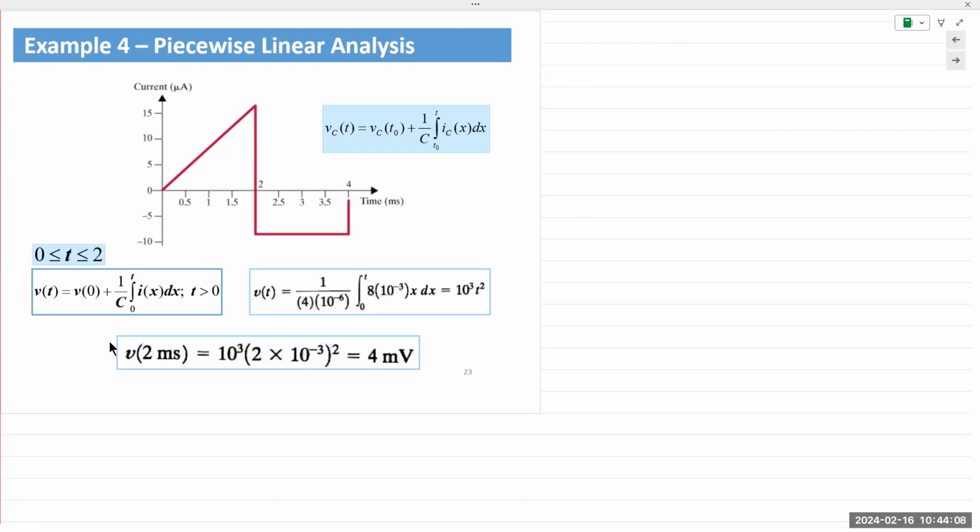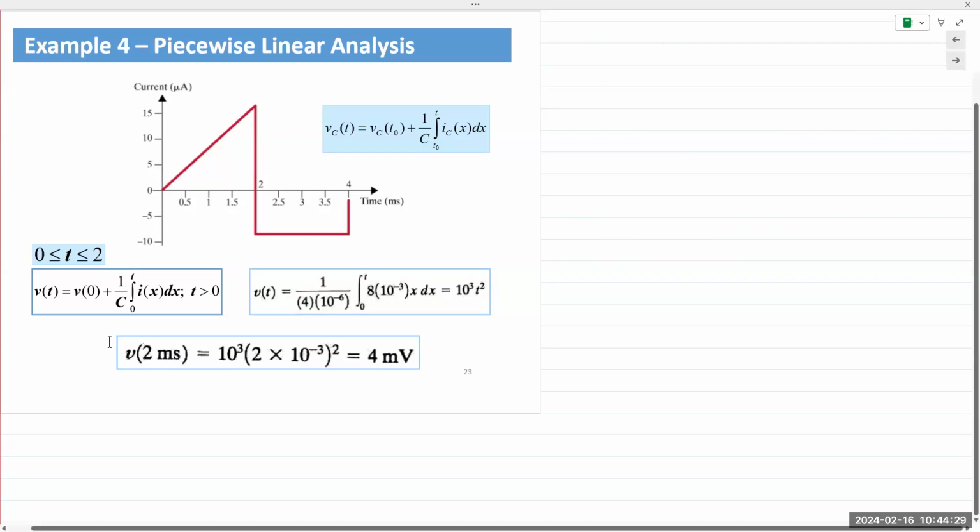So the limits of the integral, we are summing up over a certain time period, right? You have a current that goes from 0 to 16 between the first time period 0 to 2. You're slicing individually and summing everything up. That is integration. So when you integrate, you have to specify the limits of the integral. Because it's a function of time, the limits of the integral will also be 0 to t.